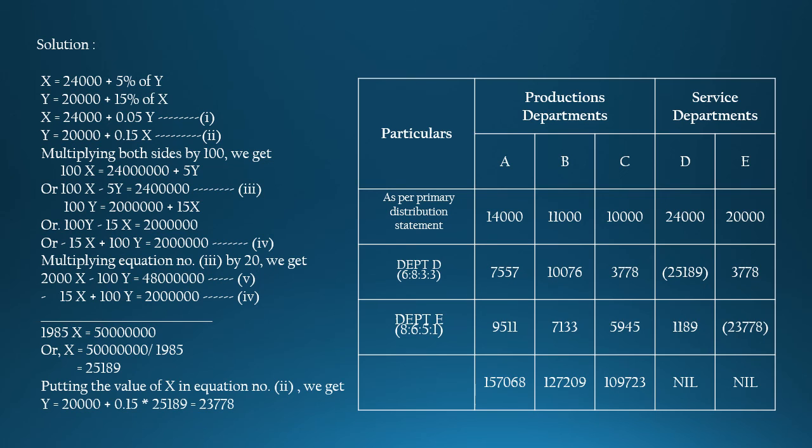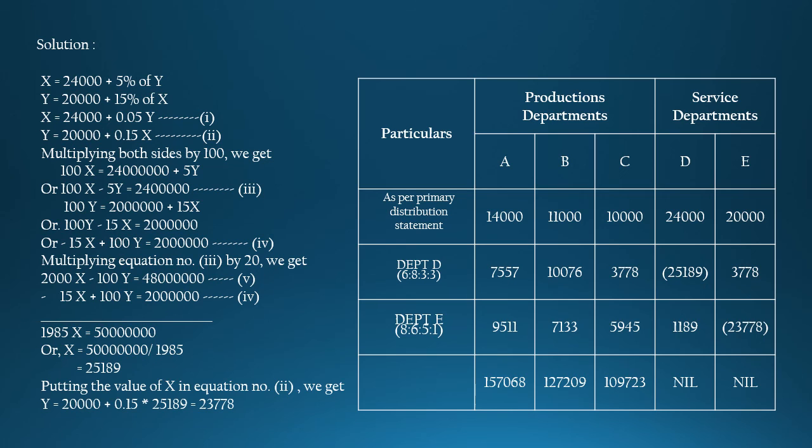After distributing this amount among production departments and service department, for A it will be 9,511, for B it will be 7,133, for C 5,945, and for D it's 1,189.